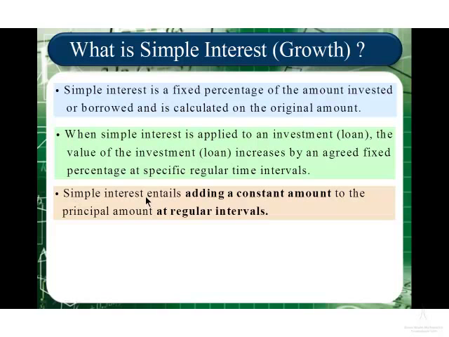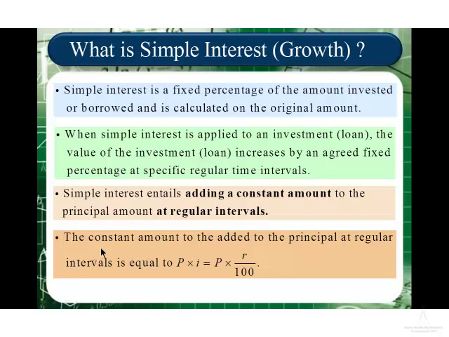Now, simple interest entails adding a constant amount. That's important. It distinguishes this from compound interest. A constant amount to the principal amount at regular intervals. So the constant amount to be added to the principal at regular intervals is equal to P times I. Recall the formula or the notation that was discussed in the previous slide.